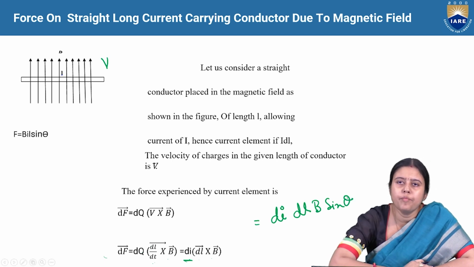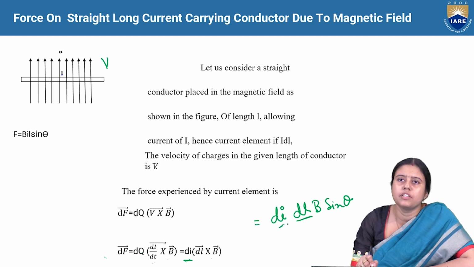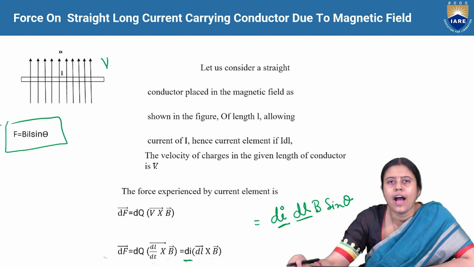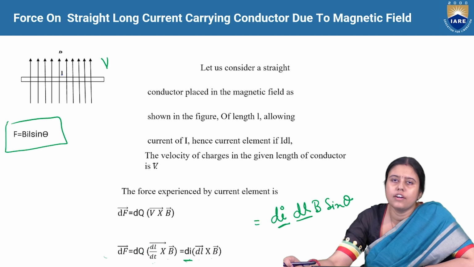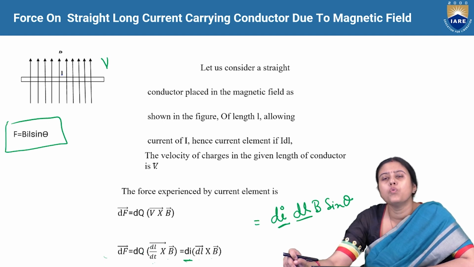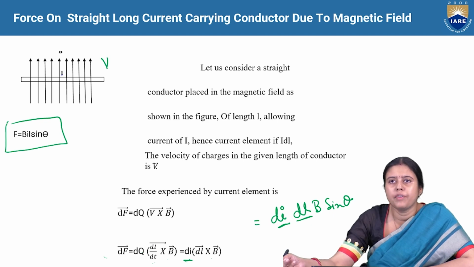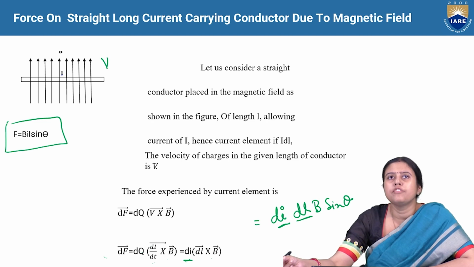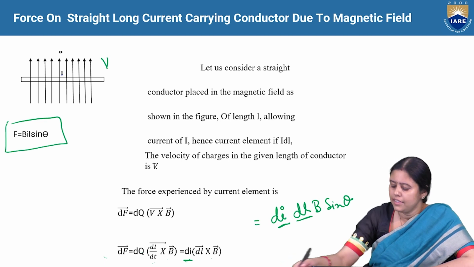If we integrate it twice, once with respect to dL and once with respect to I, we will get force is equal to BIL sin theta. So force on a straight long current carrying conductor due to magnetic field, we can prove in two ways. One I discussed in the previous slides, and now we have discussed another method. So we got the force on the straight current carrying conductor F is equal to BIL sin theta.